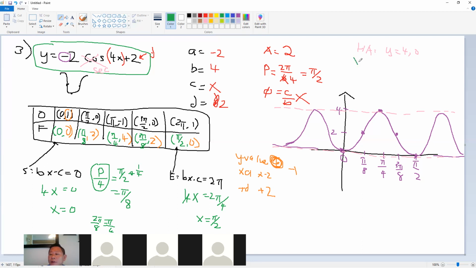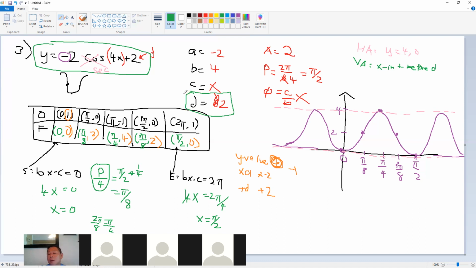And then the vertical asymptote. If you remember what I did on the secant and cosine graph, it is the x-intercept before D. Now remember, we have a D, and you move it up 2.